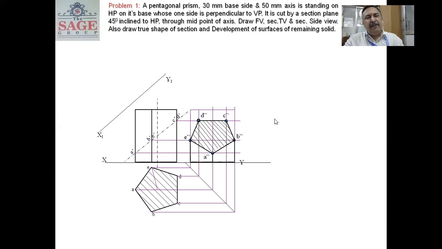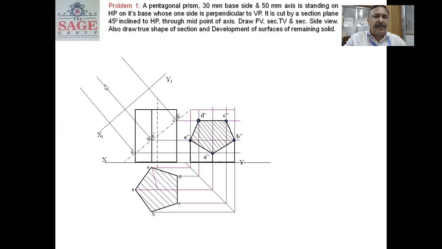Now we have to draw the true shape of the section. For that, we draw an X1 Y1 line, a reference line, parallel to the cutting plane. And then draw the projectors from these points, A dash, B dash, C dash, D dash, and E dash.